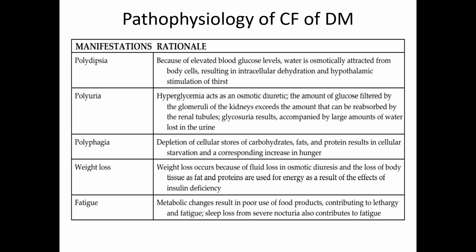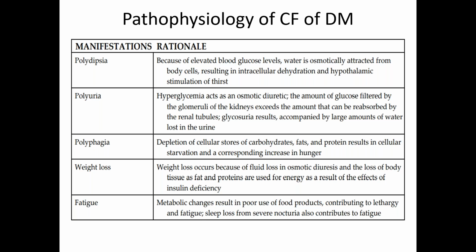When the hyperglycemia crosses this renal threshold, glucose appears in urine. So water is also osmotically attracted from the body cells into the blood and results in intracellular dehydration and hypothalamic stimulation of thirst. So polydipsia, increased thirst, is because of high glucose levels in the blood.